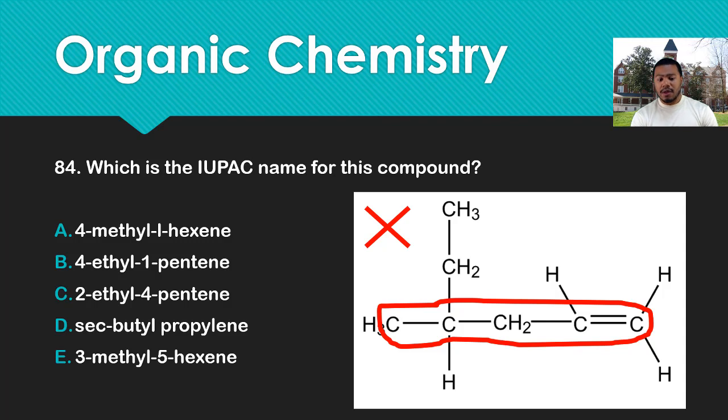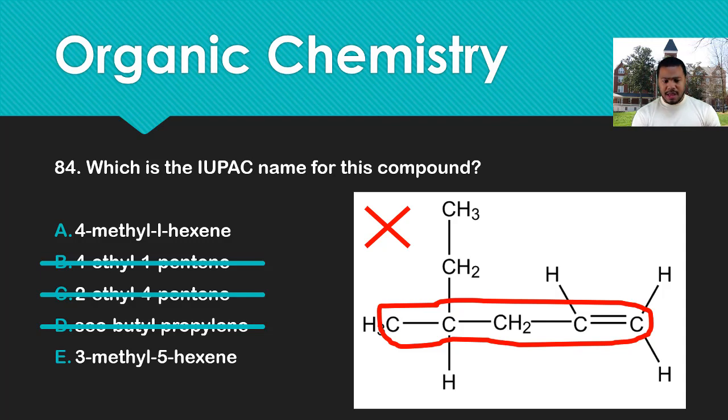Therefore, since there are chains longer than 5 carbons, we can rule out your pentenes and your propylenes. So B, C, and D are our outliers that can be removed, leaving us with choice A and choice E.